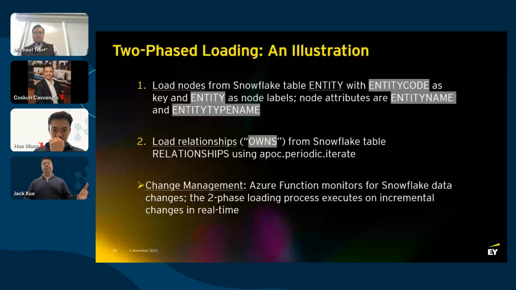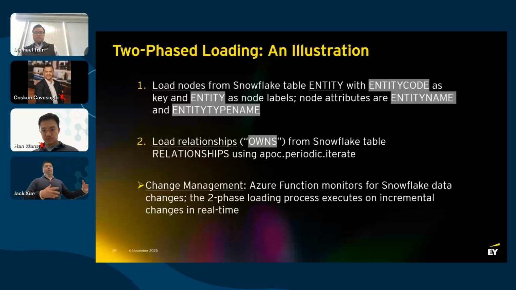So long story short, it's a 2-phase approach, right? First phase, we took out all the nodes. So imagine the entities and all the attributes that are tied to the entities. We extract those from the traditional data warehouse, and then we load them into Neo4j.